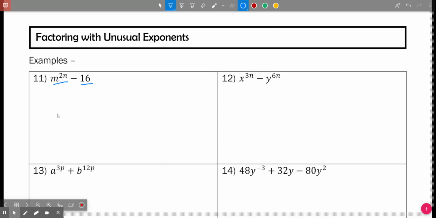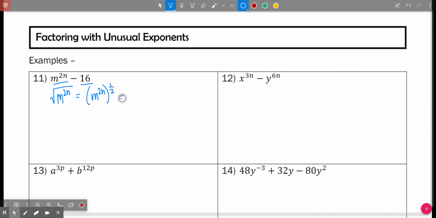So, since m to the 2n power is a perfect square, and 16 is a perfect square, we have a difference of squares. Well, if I take the square root of my first term, m to the 2n power, this is the same as m to the 2n power raised to the 1/2 power. When I raise a power to a power, I multiply the exponents.